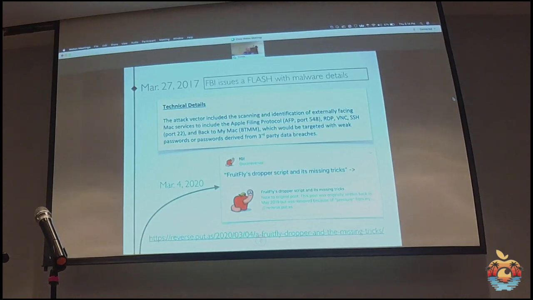But it turns out, just last week, Pedro, or OSX Reverser as he's known on Twitter, had the dropper script for a couple of years and hadn't been able to release it because of his former employer. He decided that since this talk was coming up, he was going to go ahead and release this script and let people see it.